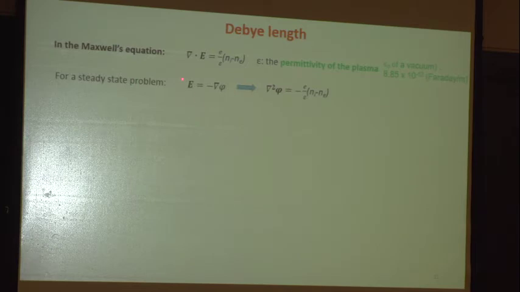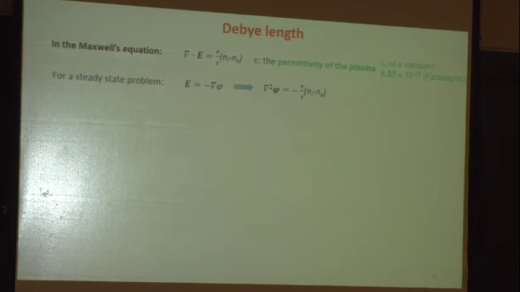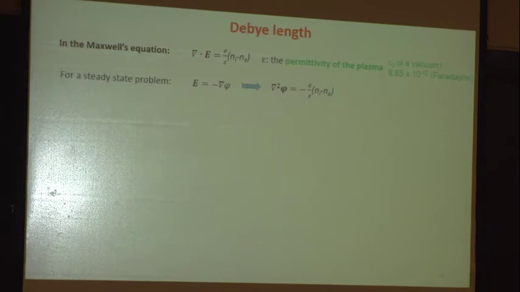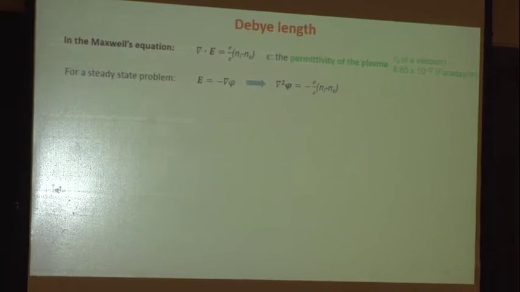So you can make a divergence of this, and the second derivative of phi is just equal to this. You make a divergence and replace this term, and you can write down the Poisson equation. You can solve it, right?